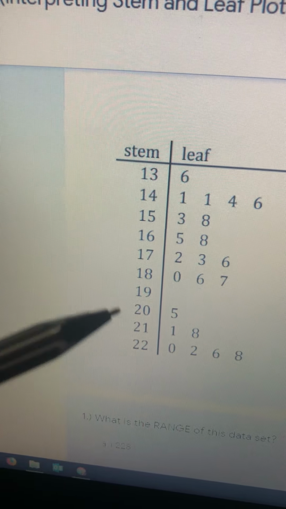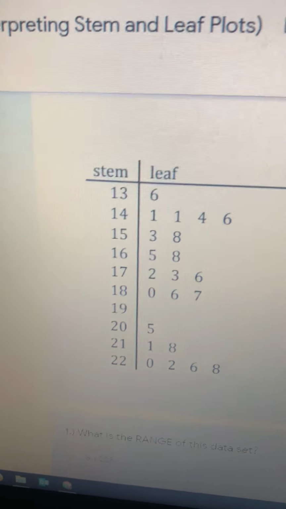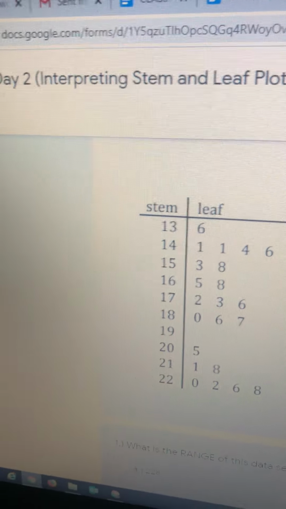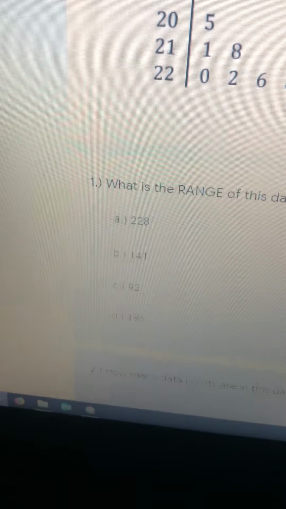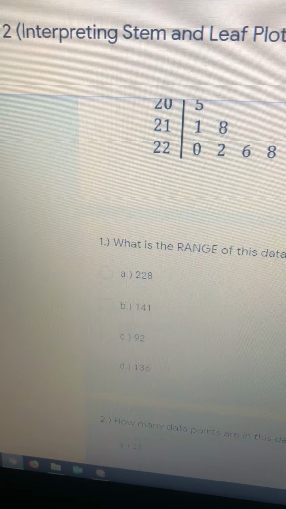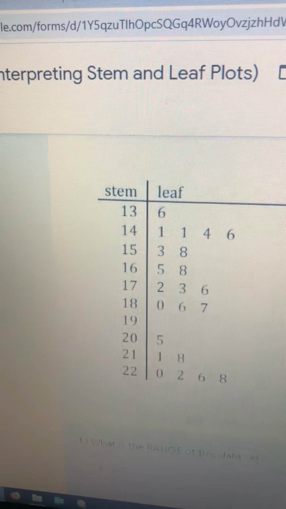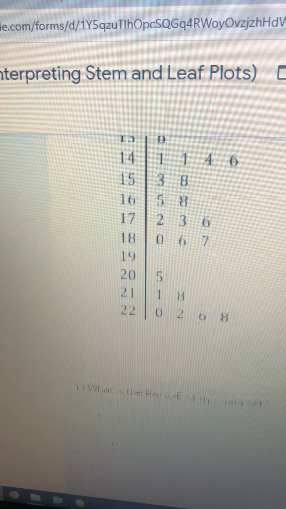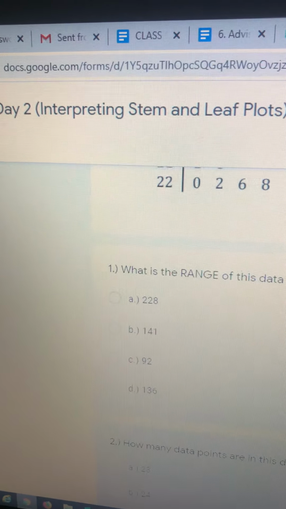So 228 minus 136. When you do the math, the one that makes the most sense is obviously letter C. Remember, the range is the difference, subtracting the biggest and the smallest number. So number 1 is C.